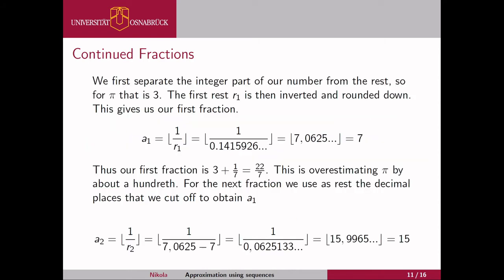Okay, so the method is called continued fractions. And the baseline idea is to generate a continued fraction. And what is a continued fraction? It's a fraction where you expand the denominator iteratively by more and more fractions.